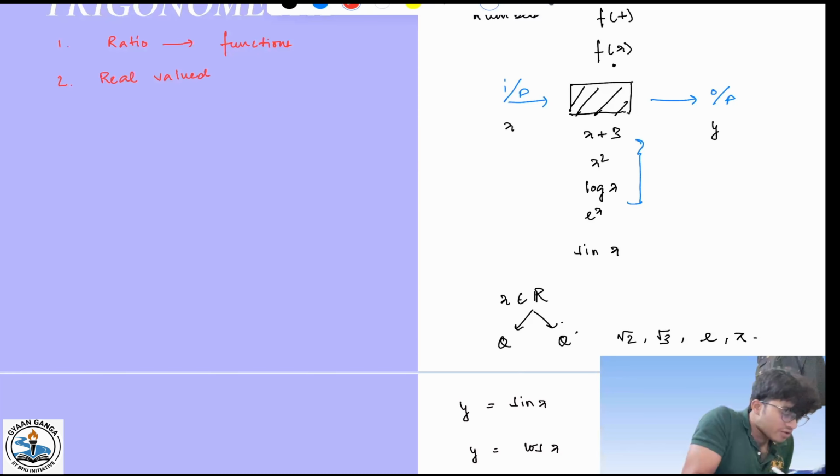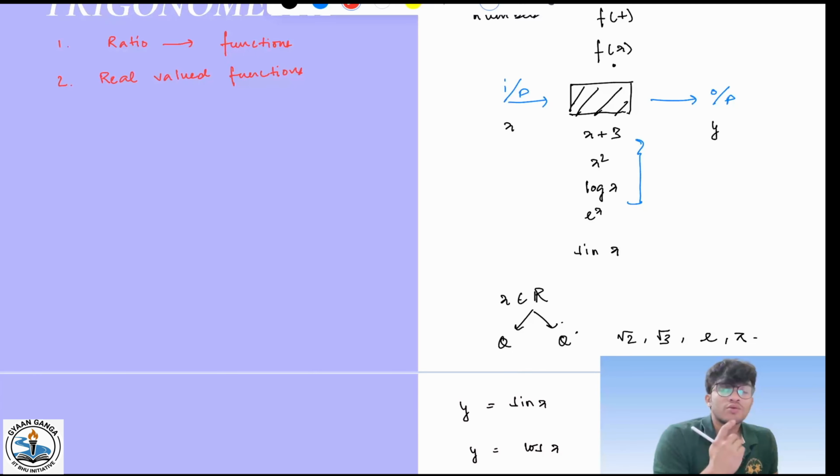Real valued functions are simply those whose output, that is y, belongs to the set of real numbers. It gives a real number as an output. That's what real valued functions are.